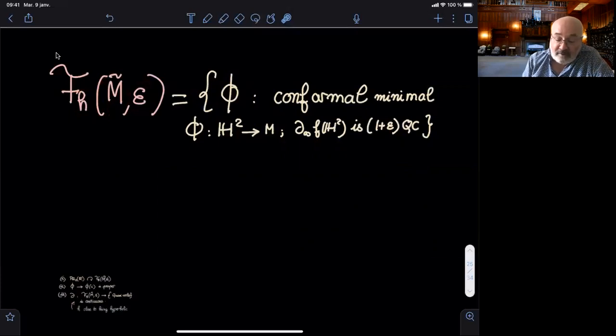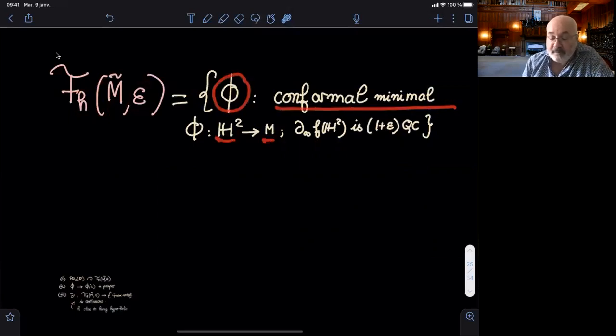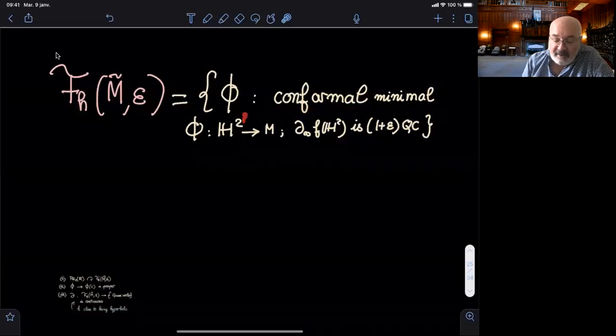So the space is just as before, but instead of the space of isometries from R into M, it is the space of conformal maps: replace isometry by conformal map from the hyperbolic plane into M twiddle, the universal cover, with the extra assumption that the boundary at infinity is a 1 plus epsilon quasi-circle.